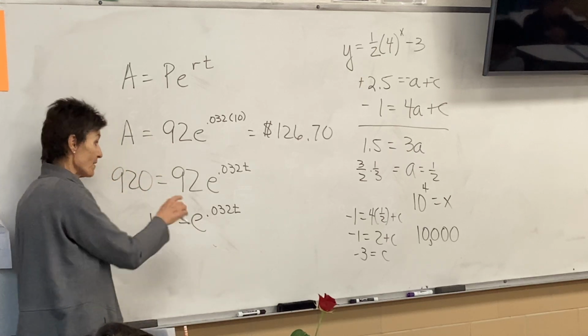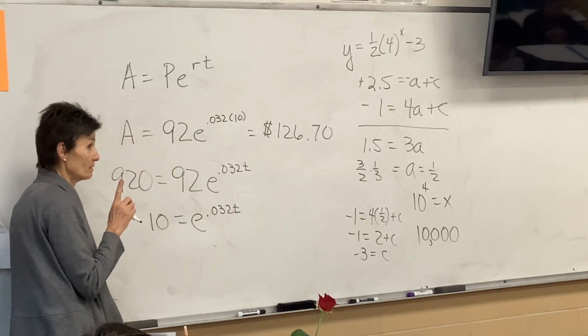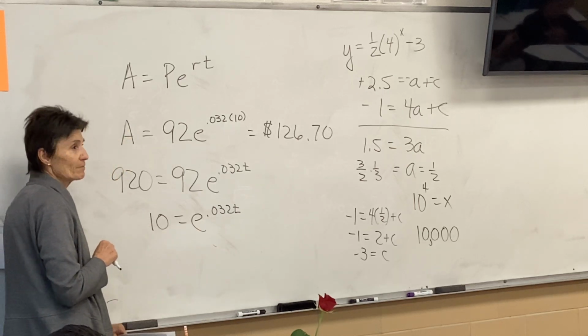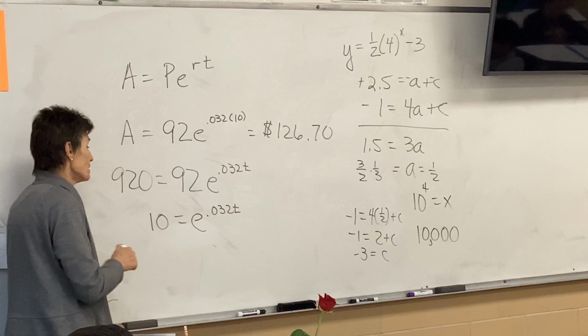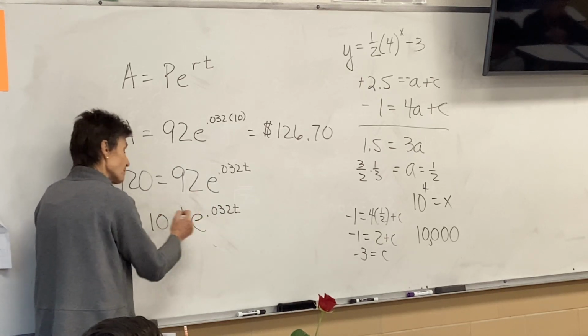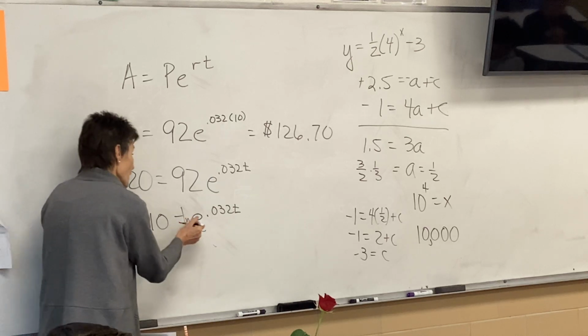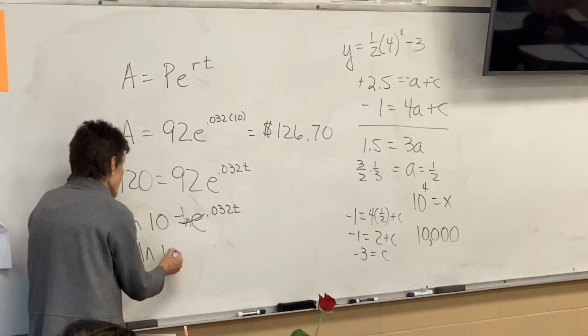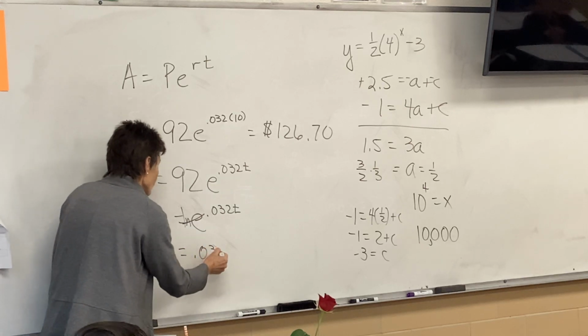Now, because the variable is an exponent, and there's no common base between 10 and e, I'm going to have to use logarithms. Because there's an e in the problem, I'll just ln both sides. Remember, ln and e cancel, they're inverses. So ln 10 is 0.032t.